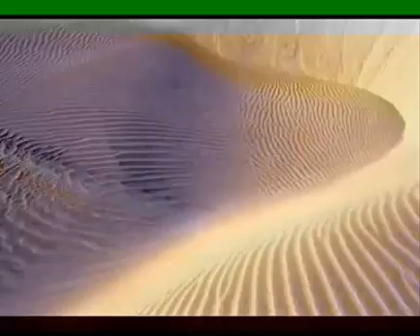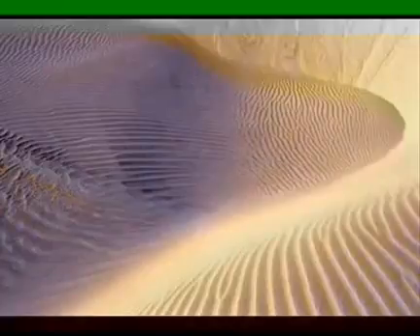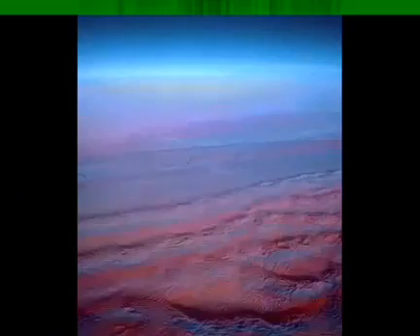And here are sand waves over sand dunes in the desert. From this view from an aircraft window, we see mountain ranges that are arranged into similar scalar wave patterns, but obviously they are on a much bigger scale.